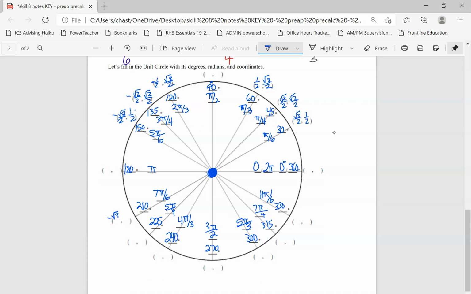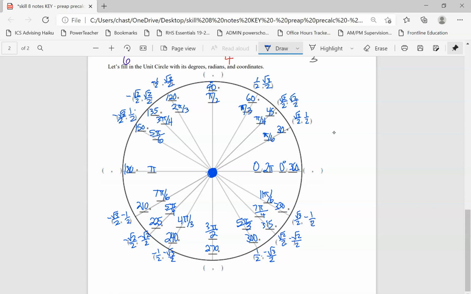So here we'll have negative radical 3 over 2, negative 1/2, negative radical 2 over 2, negative radical 2 over 2, negative 1/2, negative radical 3 over 2. And then over here, we'll have positive x coordinates, so 1/2, negative radical 3 over 2, radical 2 over 2, negative radical 2 over 2. And here we'll have radical 3 over 2, negative 1/2.